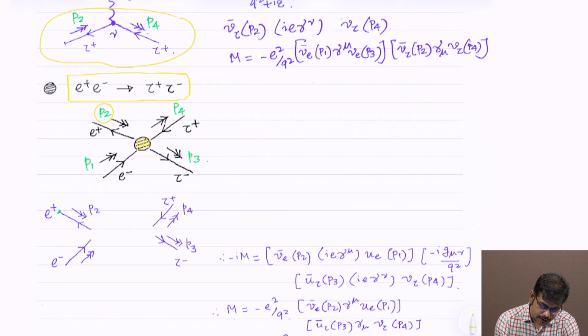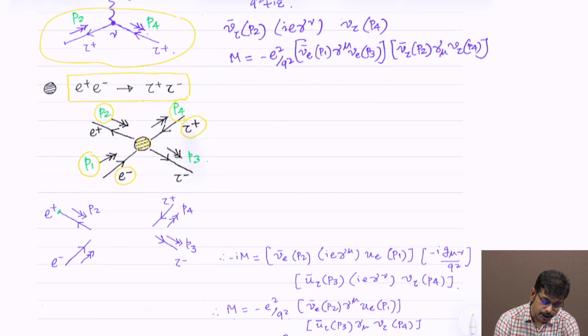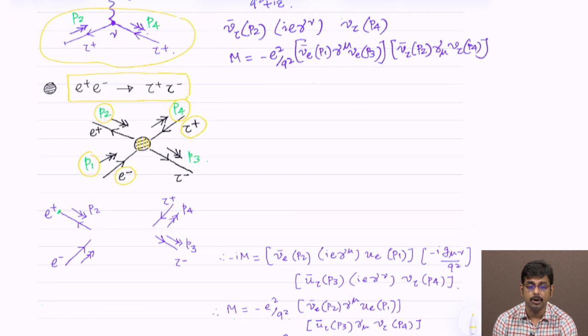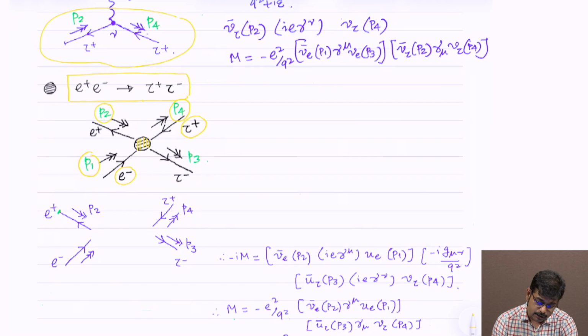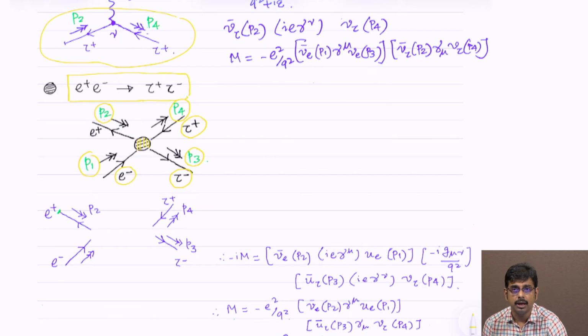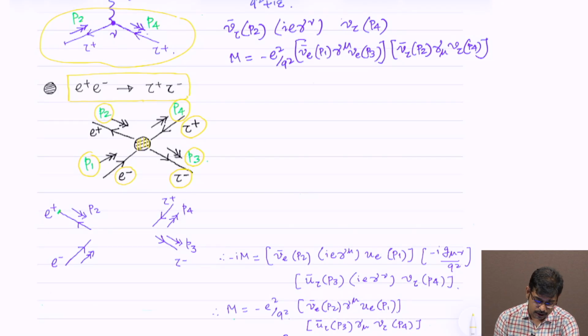And then you have the initial state electron, where both the momentum and the fermion flow are towards the vertex with a momentum P1, say for example. Then you have outgoing tau plus with a momentum P4, the momentum is going out of the vertex, fermion flow is towards the vertex, and you have the final tau minus, which is having a momentum P3 going out of the vertex, and the fermion flow is actually along the same direction.